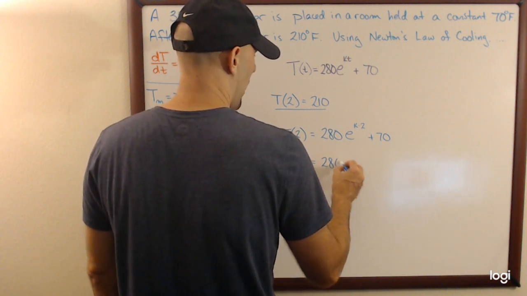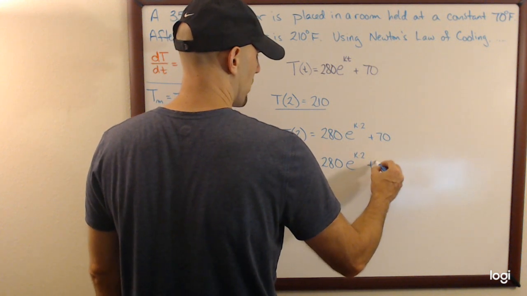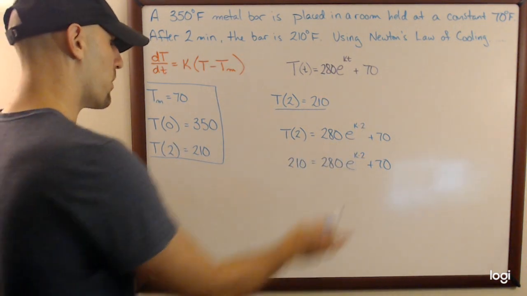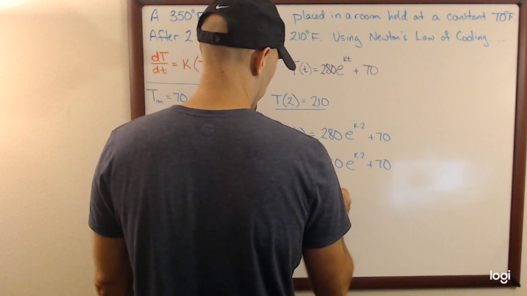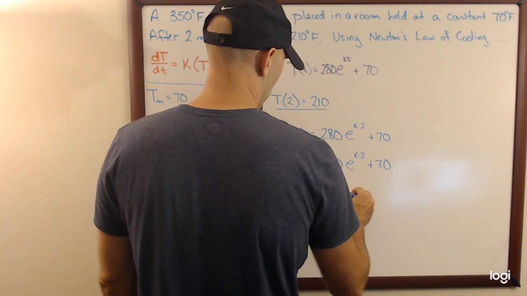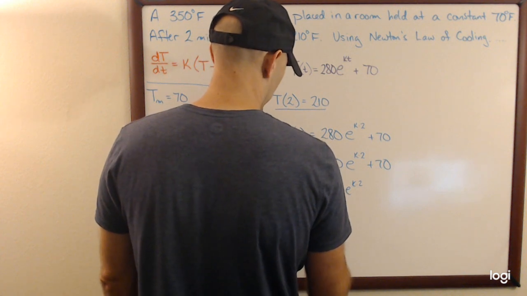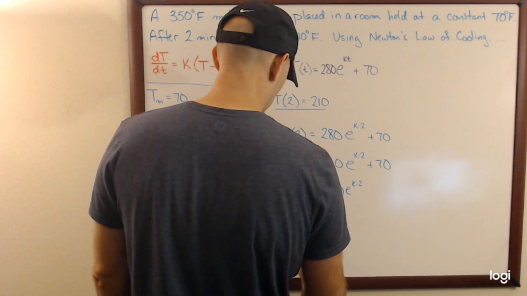And this equation just has one unknown in it. That's k, and so we can solve. Again, this is just basic algebra. We'll subtract over the 70. We get 140. Divide both sides by 280. So we get 1/2 is equal to e to the k times 2. Take the natural log of both sides.